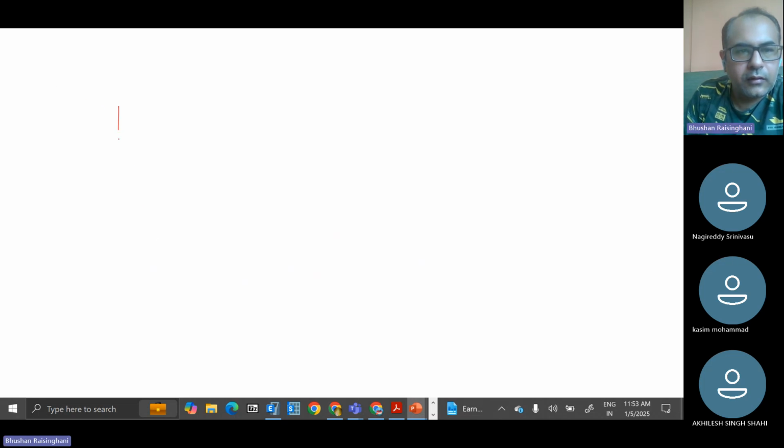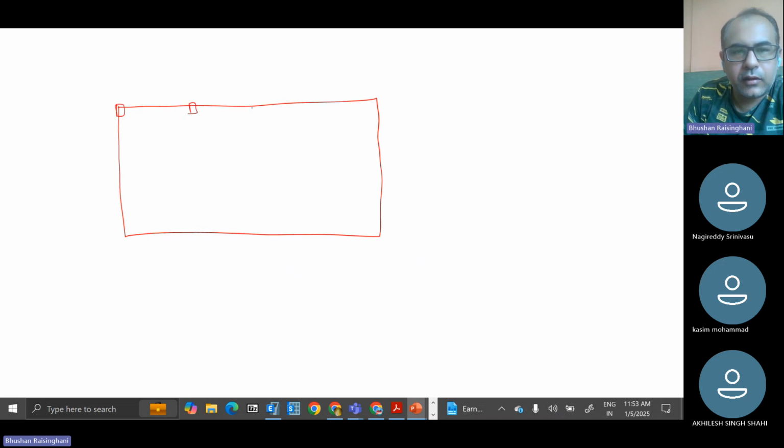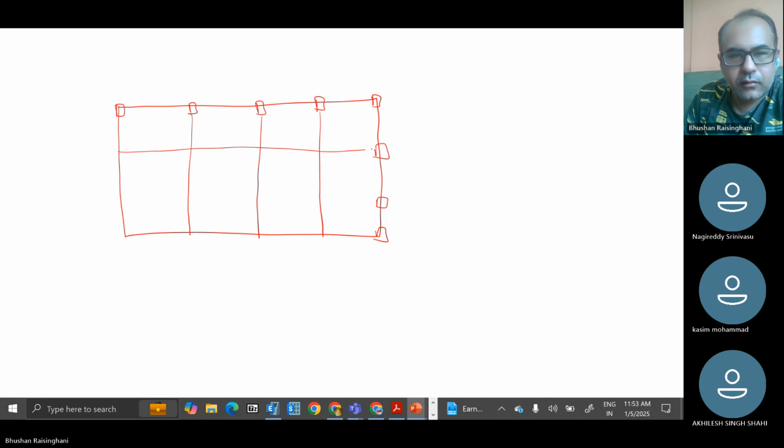Let's say this is our simple building plan, in which, because it is a three-story building, let's say 5 meters center to center of the columns is there. In the same way, these whole grids are connected with respect to each other. It is the most simple building that you will see in your textbooks also.